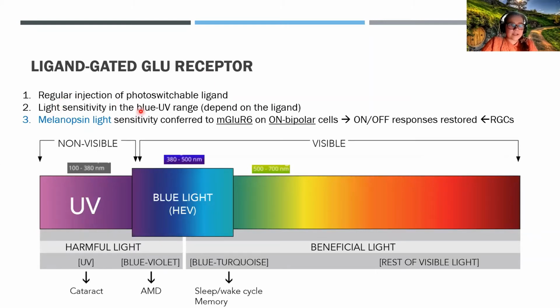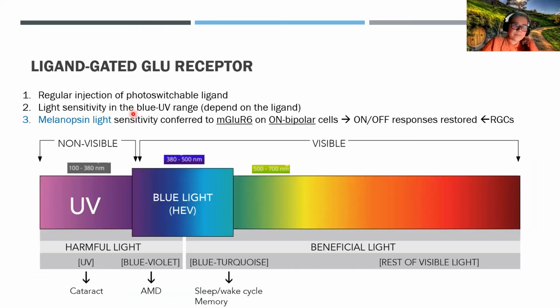Light sensitivity must be in blue UV range usually, and melanopsin absorbs blue light, and its sensitivity was conferred to that metabotropic glutamate receptor on bipolar cells, and then retinal ganglion cells could fire signals. So this actually worked as a model in mice.